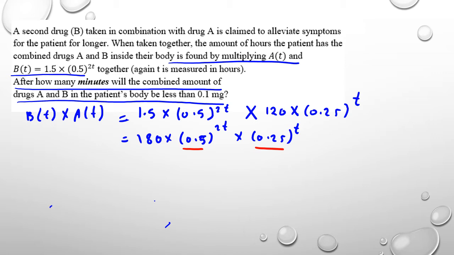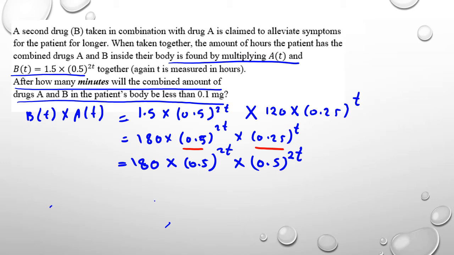Now 0.25 comes from 0.5 squared. So I can rewrite that: 0.5 stays as it is. The 0.25 becomes 0.5 to the power of 2t, because 0.25 is 0.5 squared, and when we have powers to powers, we multiply the powers, so that's why we end up with 2t.